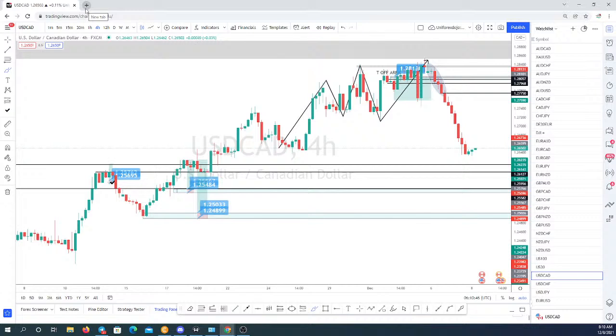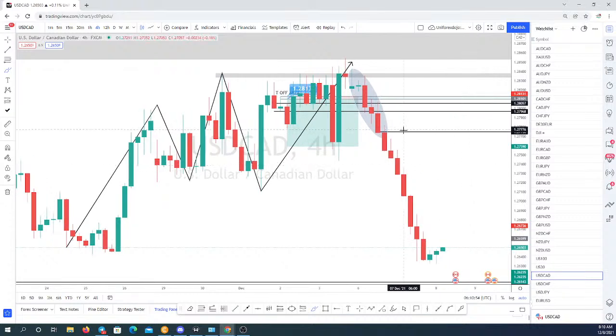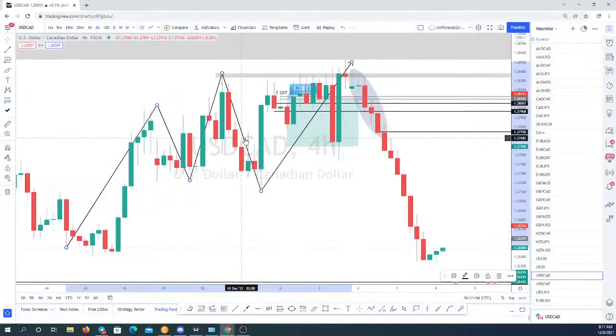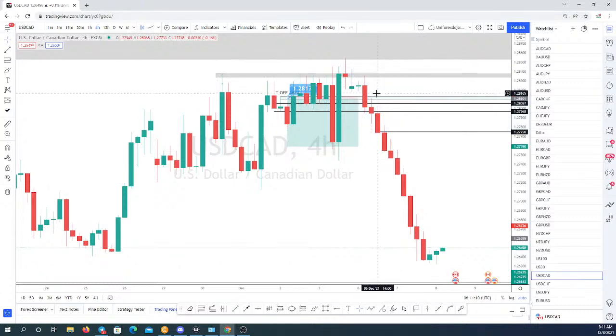Let's see. Hopping down to the 4-hour. Just need to remove some of these markings here.